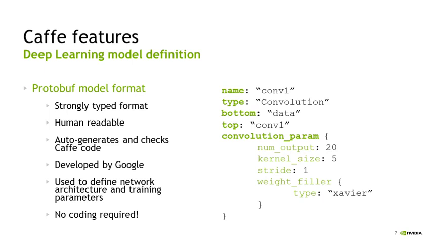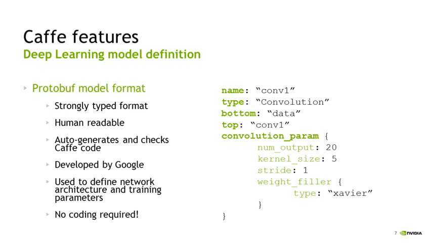But it's human readable, and it automatically generates and checks the Caffe code for training a network based on the architecture you define in the file. This is a format developed by Google, and it's used in Caffe both to define the network architecture itself and the training parameters.